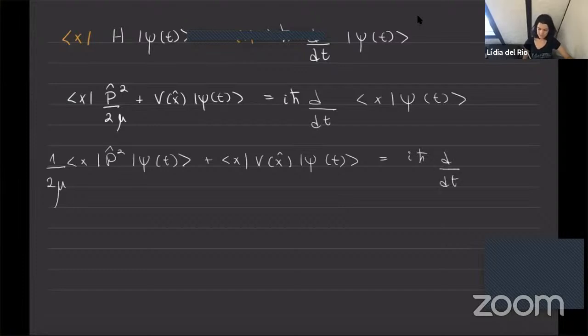But this thing here is just a wave function. So this here is just by definition the wave function. And because it depends on time now, we put it explicitly here, right? So it's something that depends on the position and on time. And remember, this is just a complex number.